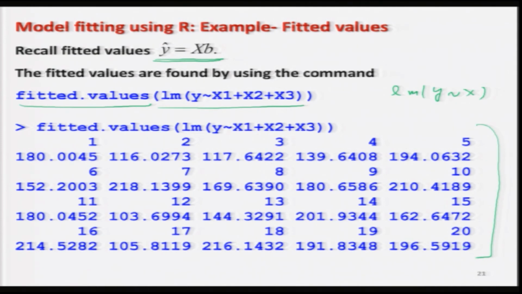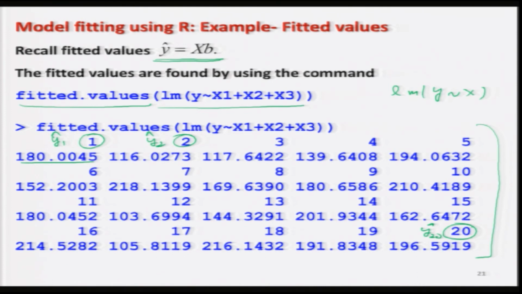You can see the first value is the value of y1 hat, which is 180.0045. The second value is the value of y2 hat, and similarly this 20th value is the value of y20 hat. So it is very easy to obtain the fitted values even in the case of the multiple linear regression model.